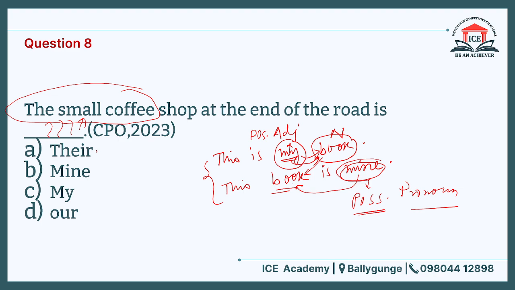So there we know there is a possessive adjective, so it cannot be our right answer. Mine is a possessive pronoun, so this can be our right answer. My, again a possessive adjective, should not be taken. Our, a possessive adjective, should not be taken.